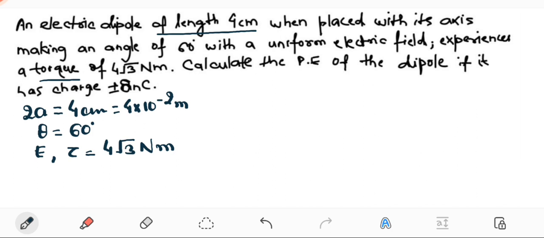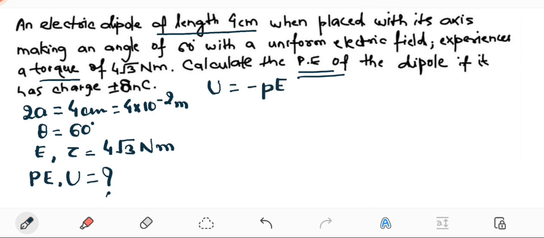Now we have to find the potential energy, which is denoted by U. Now let's solve it. Students, we know the formula of potential energy: U is equal to minus dipole moment multiplied by the electric field into cos theta.